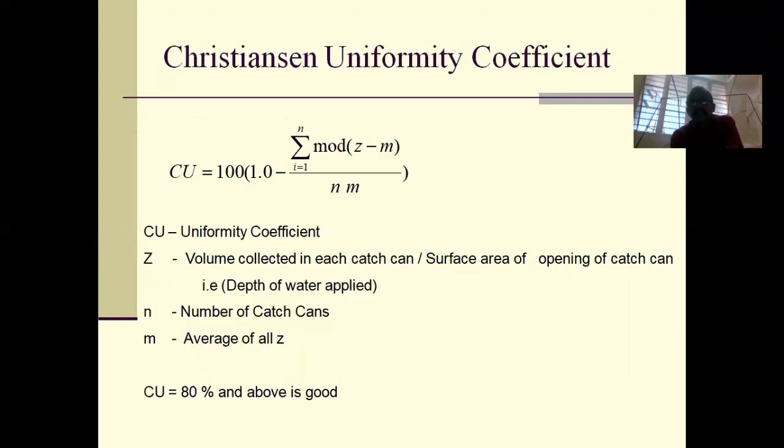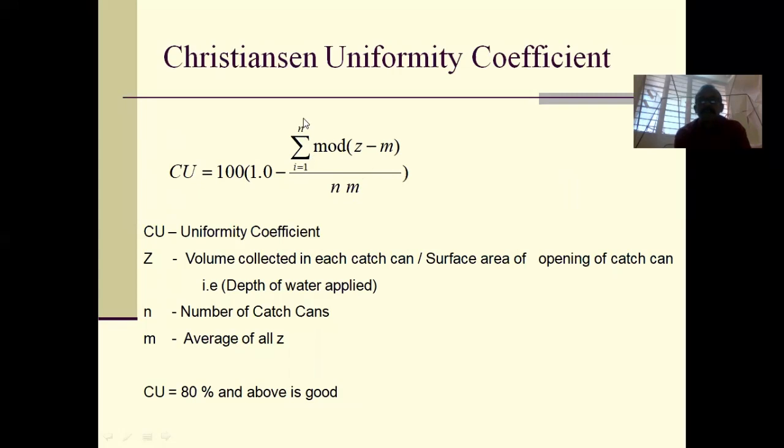And this is the formula used for finding the uniformity of sprinkling. This is called Christiansen's uniformity coefficient formula. This is 100 into 1 minus mod of z minus m divided by nm, and it is summed over all the tumblers.